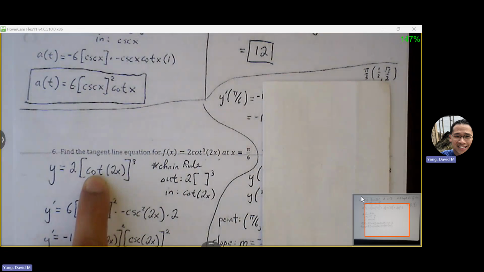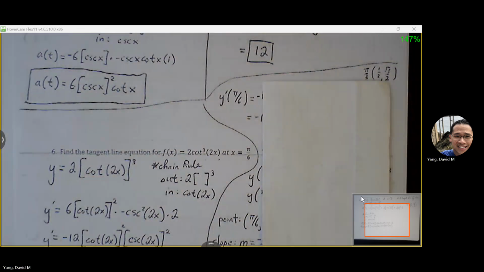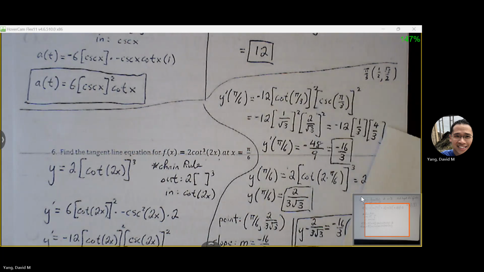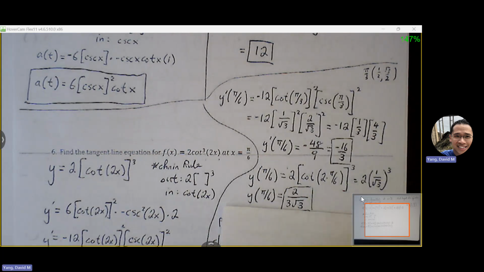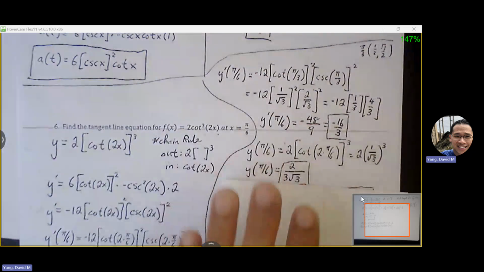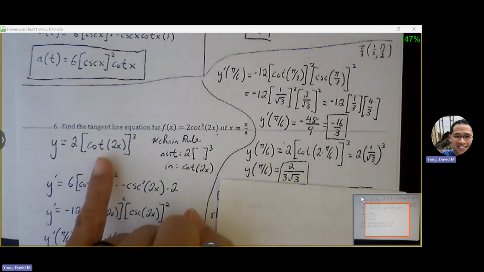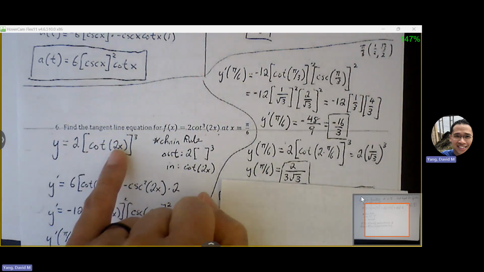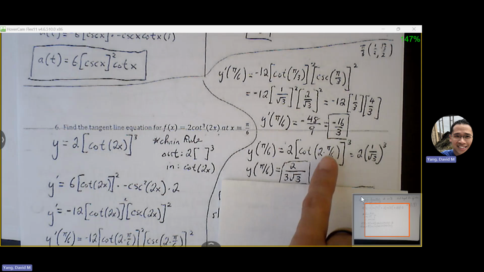And then we can see the need for chain rule. If you want, though, you can go ahead and find the ordered pair first. It's up to you which one you want to do first, but we have to plug pi over 6 in for x. 2 times pi over 6 is really pi over 3.